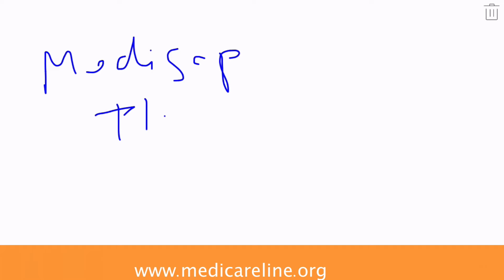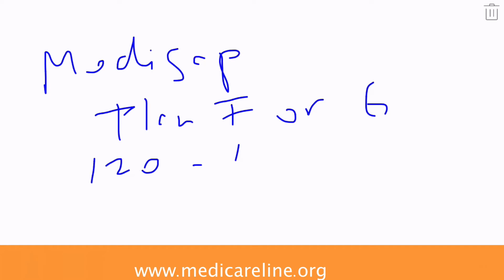Another fixed cost is your Medigap policy. Some people purchase a Medigap policy, and depending on what plan you have, Plan F or Plan G, or some people have Plan N, usually they pay a monthly premium anywhere between $120 to upwards of $160, let's say.